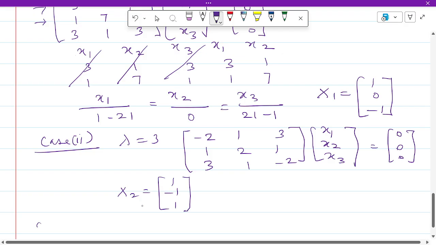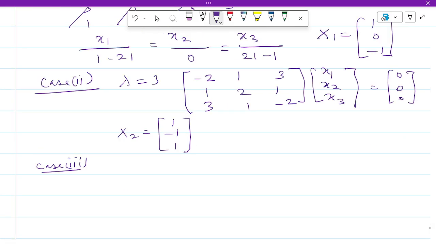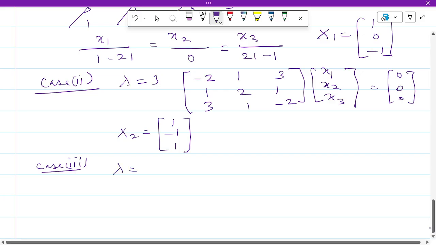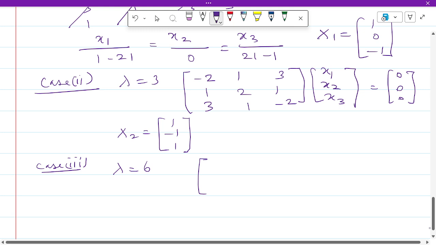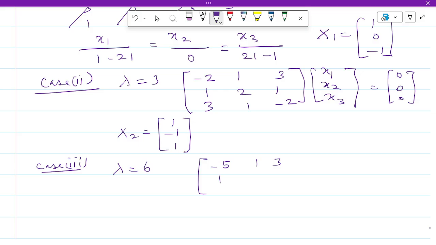Okay, you come to case 3. Here I am not writing fully the finding of the eigenvalue eigenvector, because already we have solved many problems based on this. That's why I am going directly to lambda equal to 6. When lambda equal to 6, you will get the matrix minus 5 1 3, 1 minus 1 1, 3 1 minus 5.